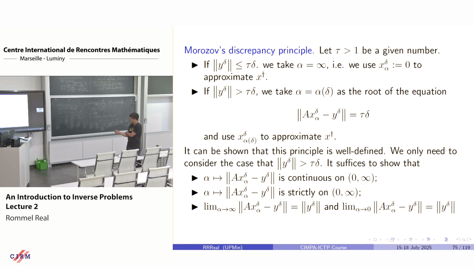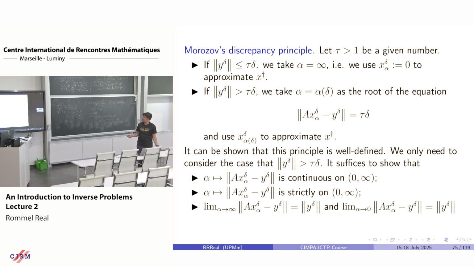And we'll consider the one that is well studied, which is the discrepancy principle, formulated by Morozov. It works like this. Let tau greater than 1 be given.